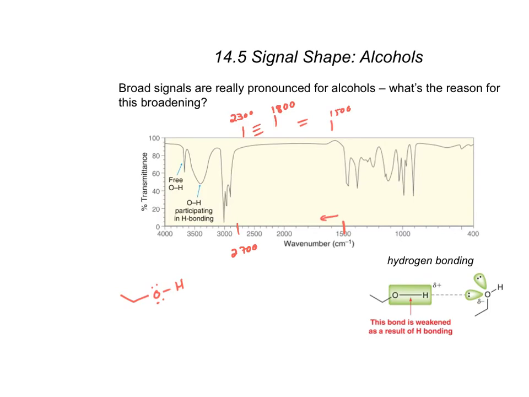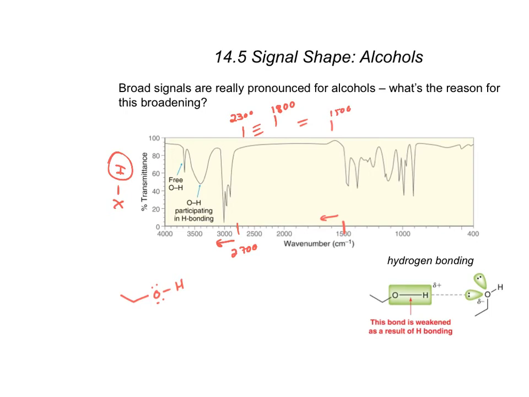It wasn't a double, it wasn't a triple. This is when the reduced mass came in. Anything to the left of 2,700 was dealing with something attached to hydrogen, right? Because hydrogen is the smallest atom, the reduced mass is really tiny, so we see absorbance at a very high wave number for anything attached to a hydrogen. So if we look at this molecule, are there any double bonds in this molecule?